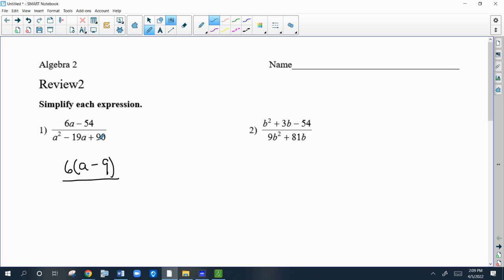And on the bottom, you have to find factors of 90, positive 90, that add up to a negative 9. So that would be negative 9 and negative 10. Now that you have it all factored, you can cancel the common factors, and we're left with 6 over a minus 10.